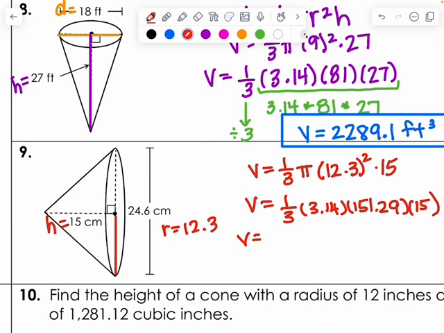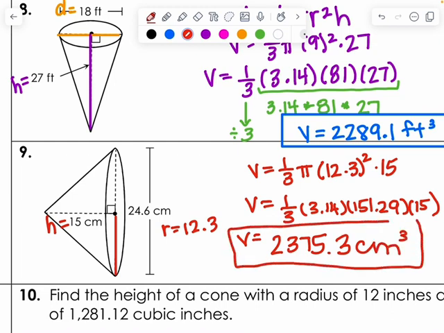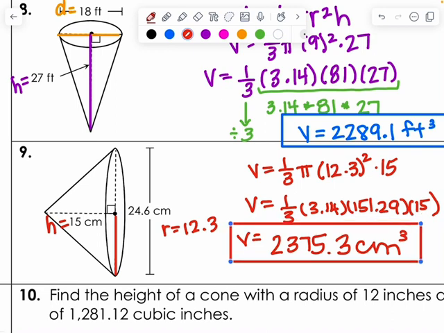So your final volume should be 2,375.3 cubic centimeters. Give yourself a pat on the back if you got that, first time around by yourself.